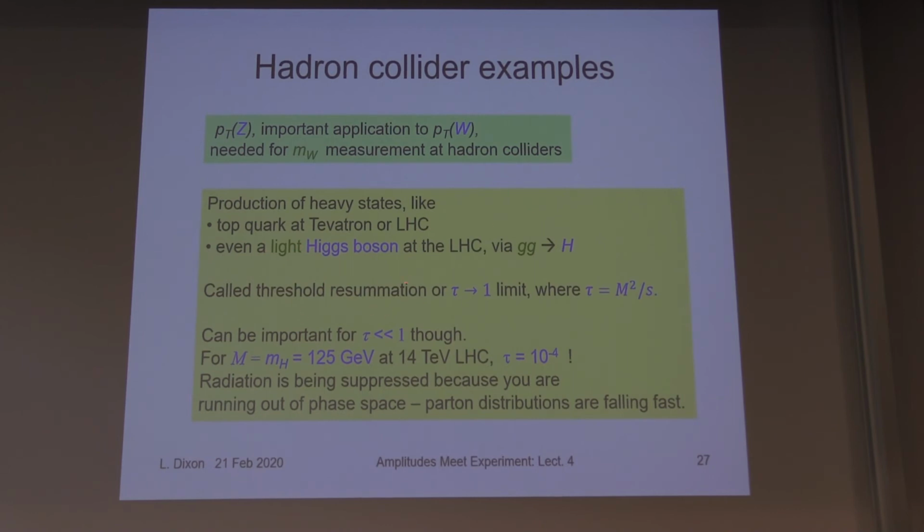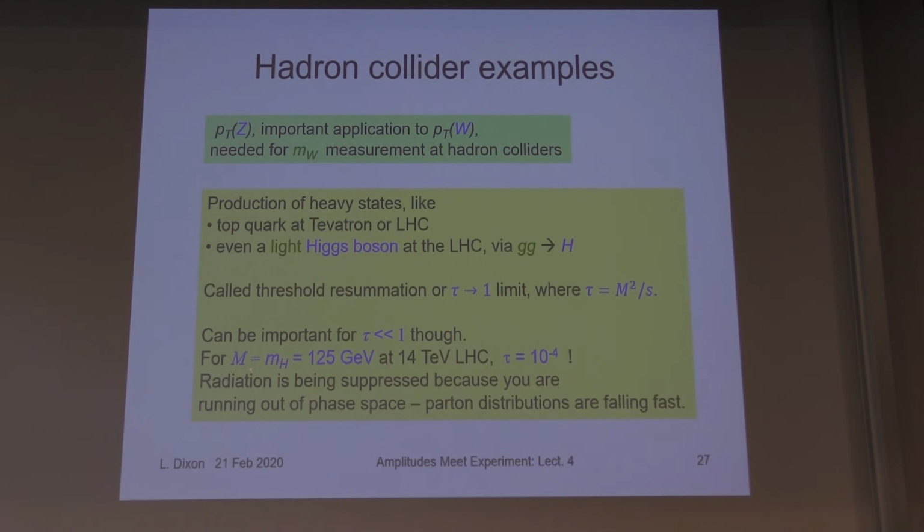Now, in principle, you would like the threshold resummation to be when tau goes to 1, where tau is this variable m squared over s, where m could be the mass of the Higgs or the mass of the Drell-Yan pair. On the other hand, tau is actually not very close to 1 in regions where you still have important resummation effects.